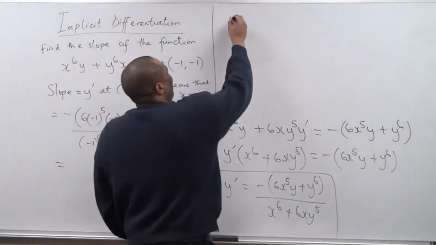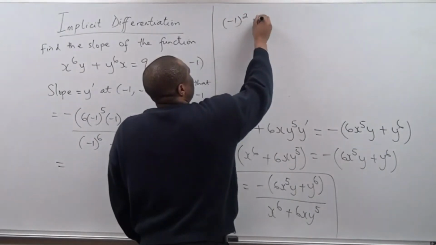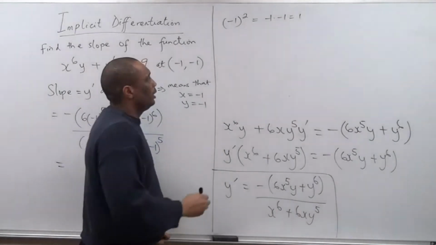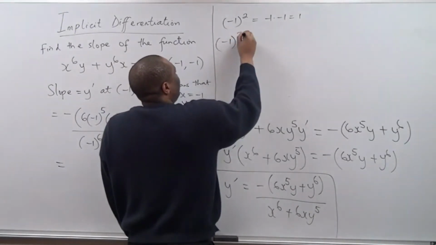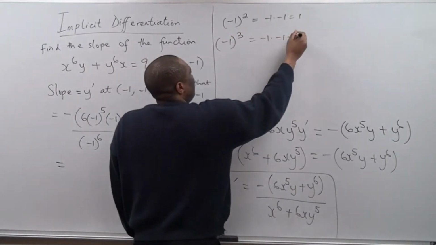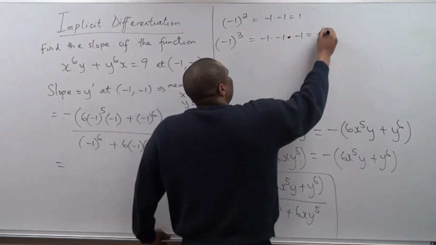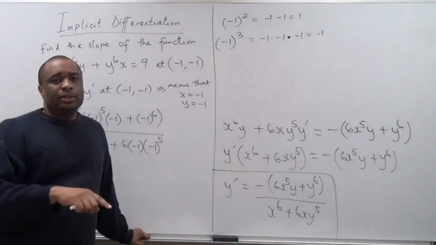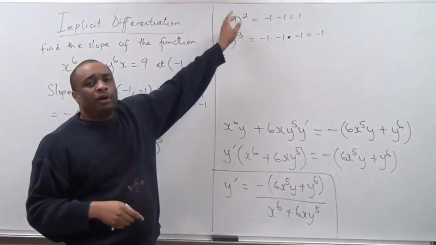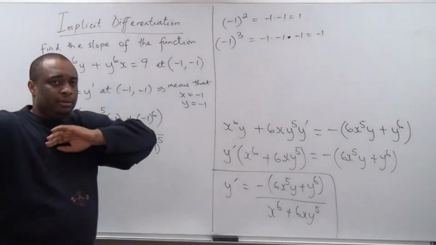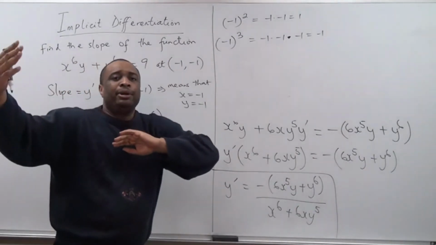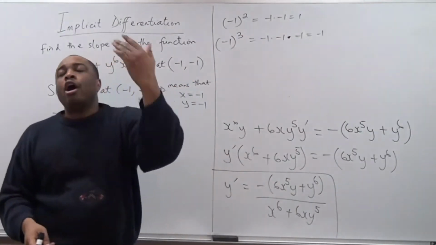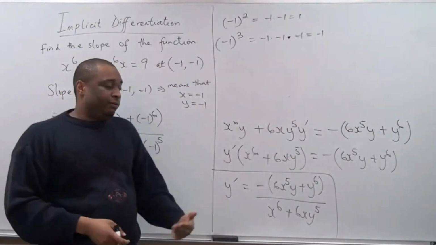If you have -1 raised to power 2, it gives you -1 times -1, which gives you 1. If you have -1 raised to power 3, it gives you -1 times -1 times -1, which gives you -1. If you have -1 to the power 4, it will still give you 1. So if you have -1 raised to an even exponent, it gives you 1. If you have -1 raised to an odd exponent, it gives you -1.